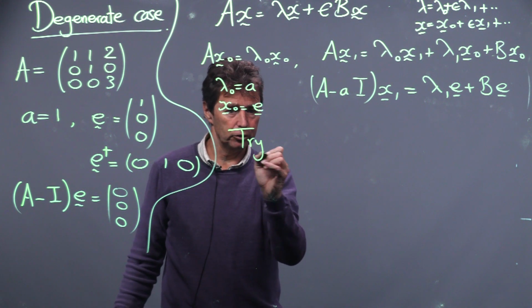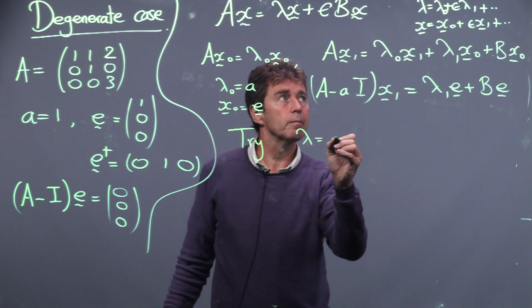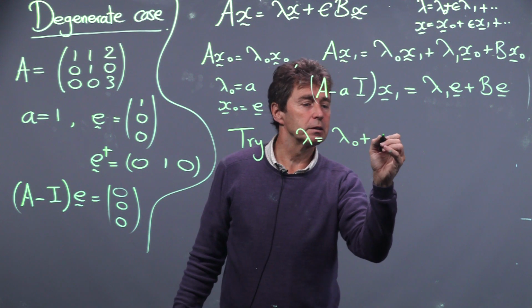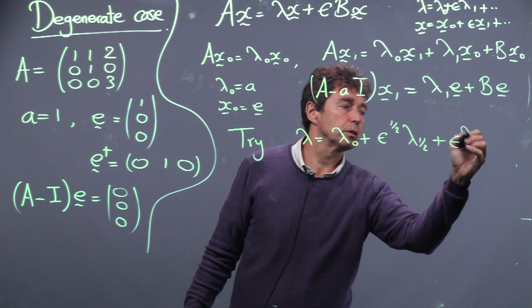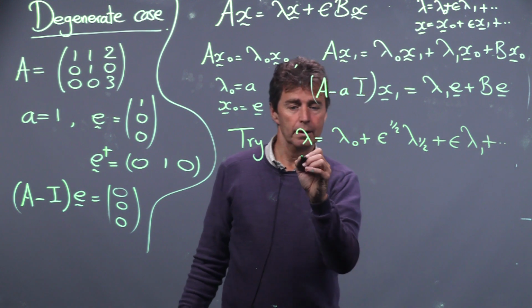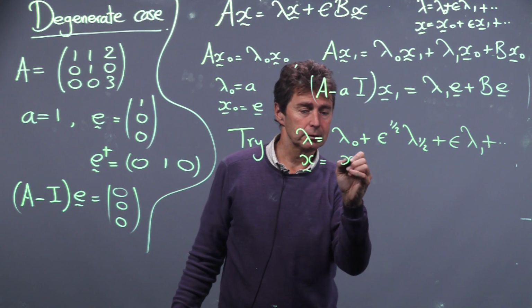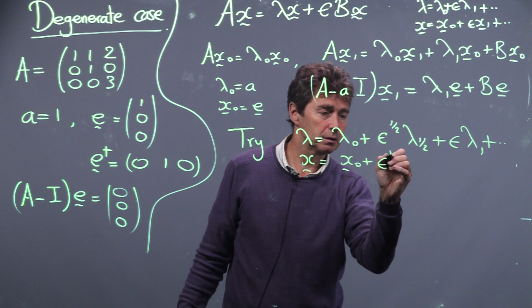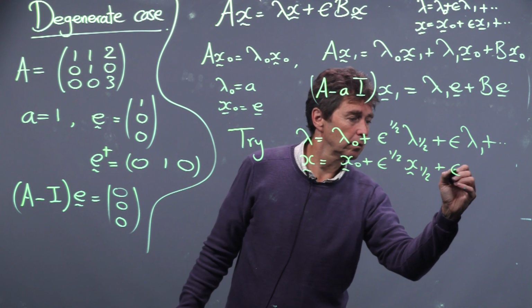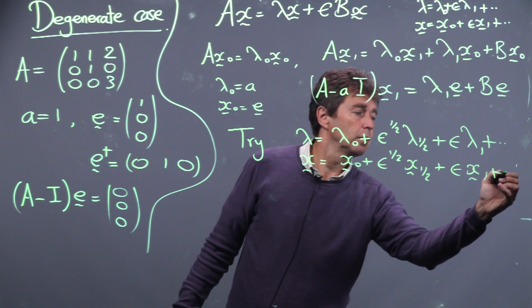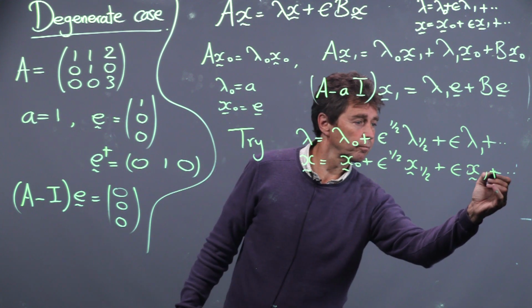So let's try lambda is lambda 0 plus epsilon to the 1/2 lambda 1/2 plus epsilon lambda 1, and x is x0 plus the same sort of thing. So let's try that instead.